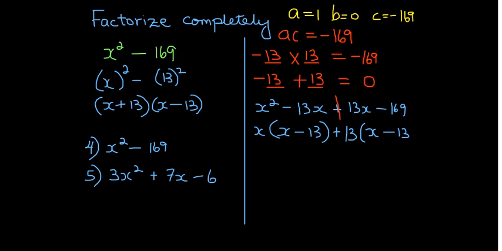So, see what I was talking about, how signs can sometimes throw us off slightly. So always pay attention to that, right? That's one of the reasons why you want to make sure that you're very familiar with your directed numbers. Okay, now that we have that, you'll notice we have the x and the 13s all over the place, but the only thing that differs here versus the perfect square is that inside here you have a negative and over here you have a positive, so you have a different sign.